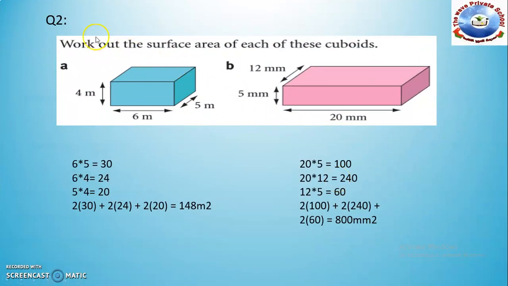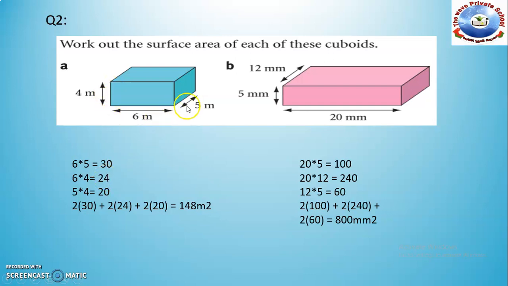Now let's move to question number 2. Work out the surface area of each of these cuboids. We have to find the surface area. Length is given 6 meter, width is given 5 meter and height is given 4 meter. First of all, length multiplied by width is equal to 30. After that, length multiplied by height, 6 multiplied by 4, is equal to 24.